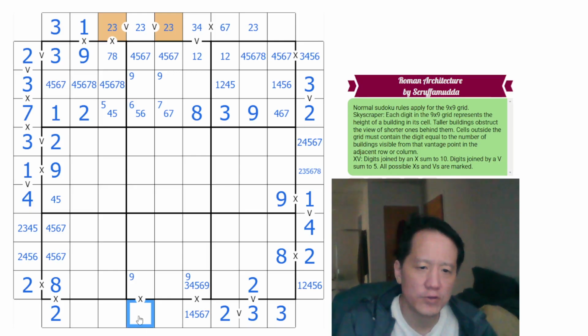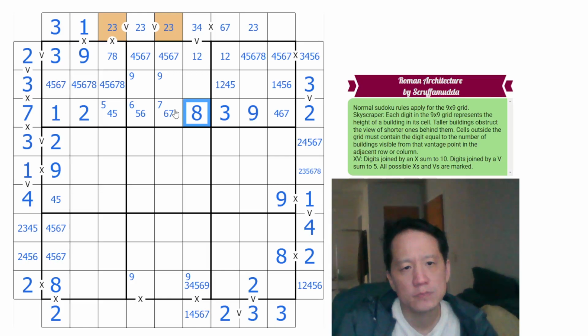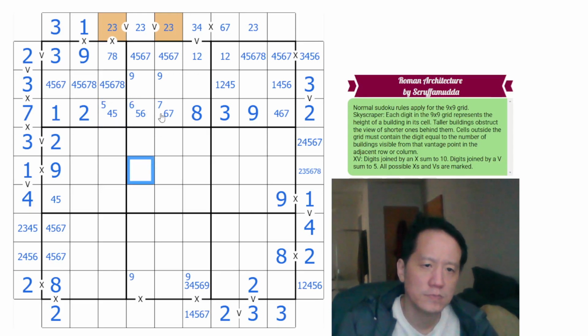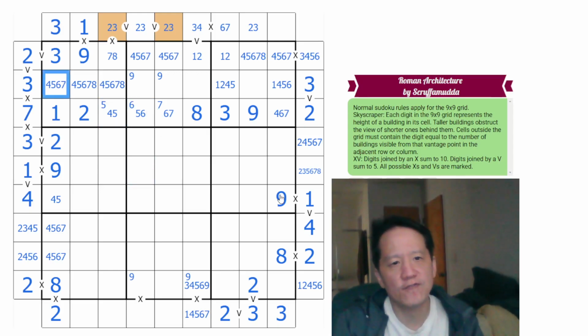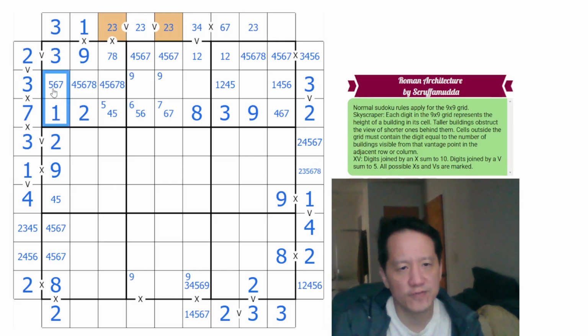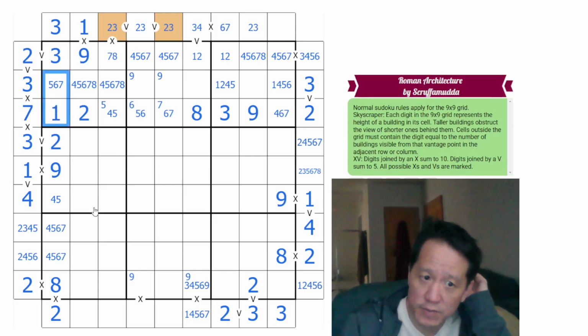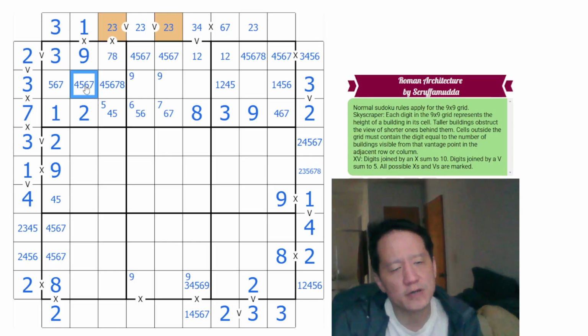Similarly, this one's a broader range because it's not limited by any other digit here. This can't be 4 because this would add up to 5, and that's not signified by that. This can't be 8 because that would add up to 10.